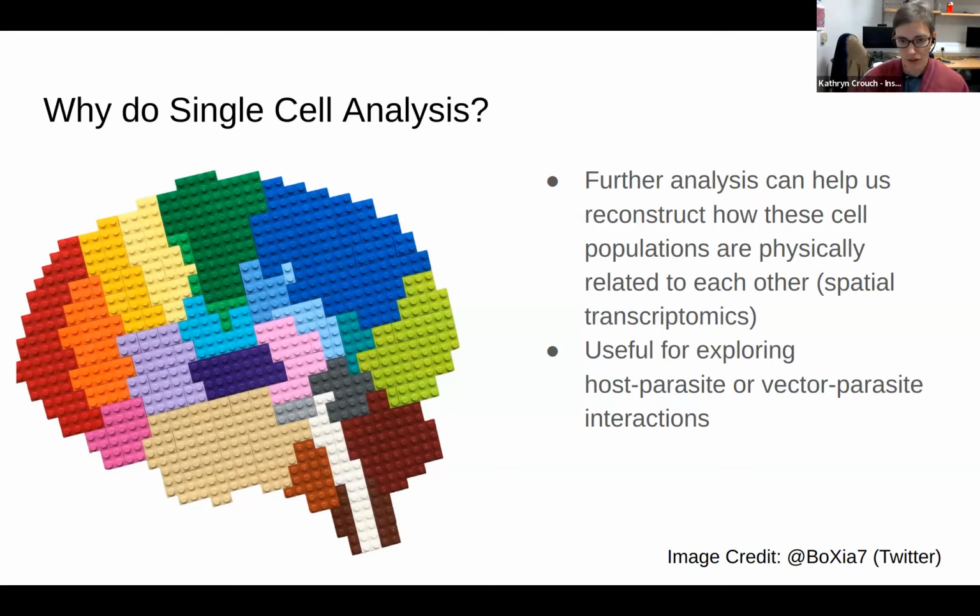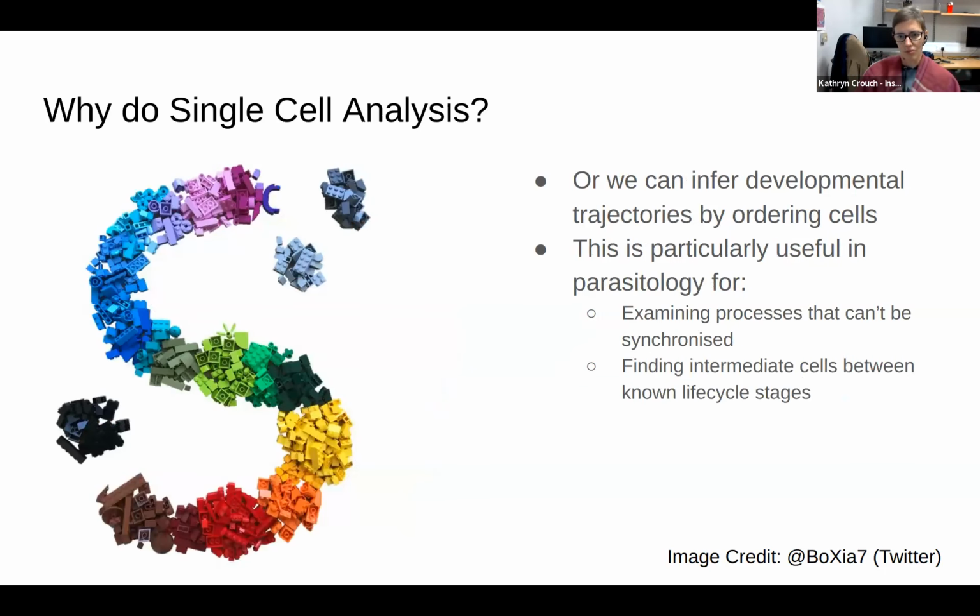The other thing that you can do that has been very useful in the parasite world is something called trajectory analysis. And for this, what we do is we order the cells. So the image here, they've obviously been ordered by incremental changes in color along this trajectory.